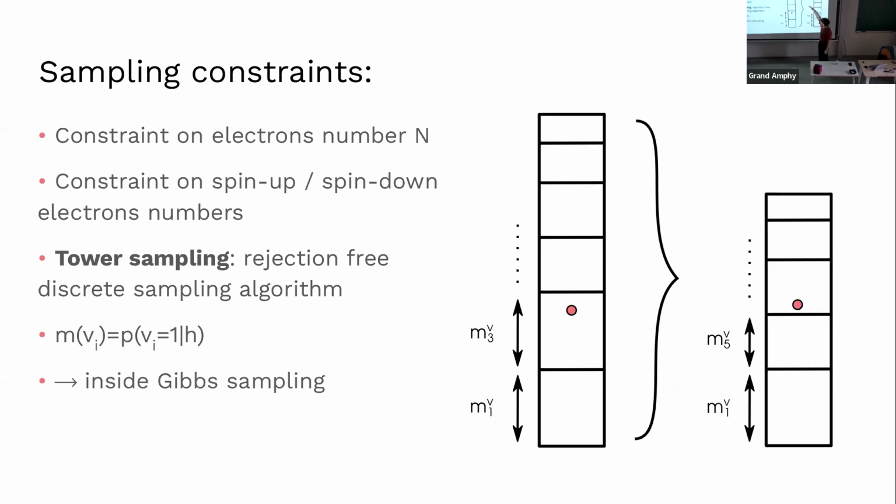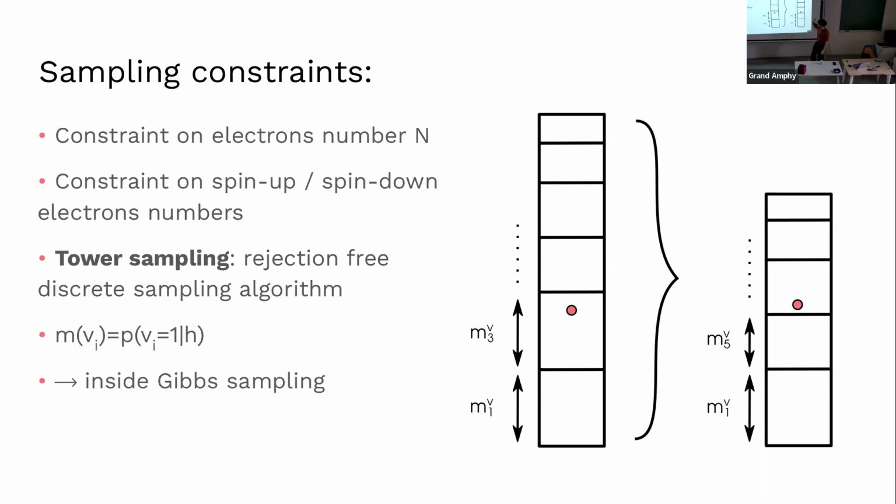In this ladder, each rectangle represents the probability of occupation on the visible layer, so the probability that v_i equals 1 given h, and the area of the rectangle is proportional to this probability. If I draw a number inside this ladder, it will land on an orbital with a probability proportional to the probability of occupation.